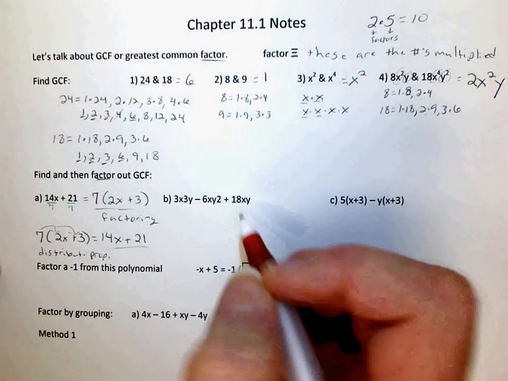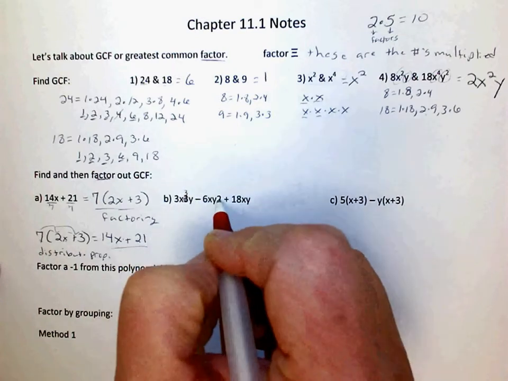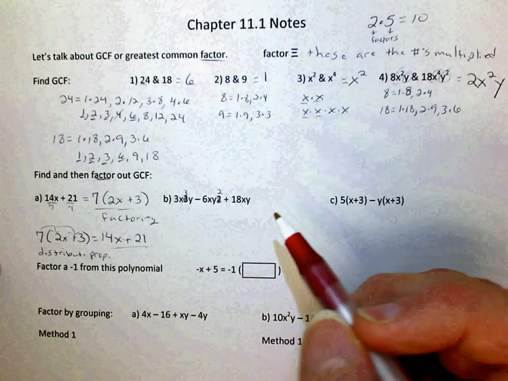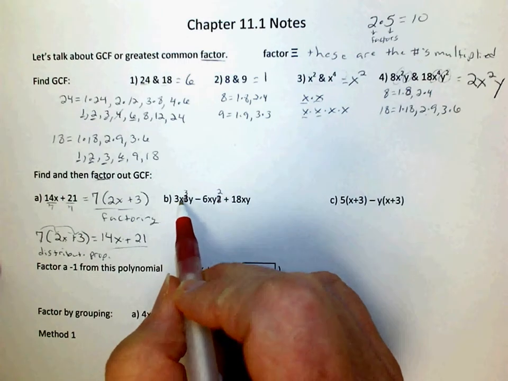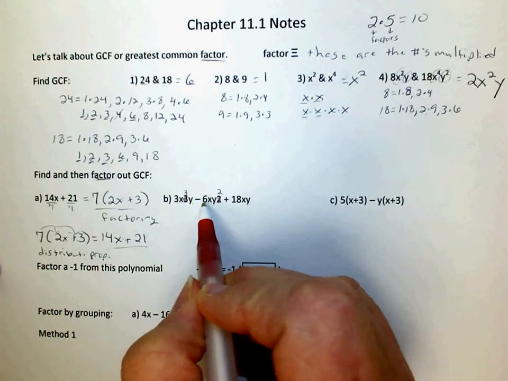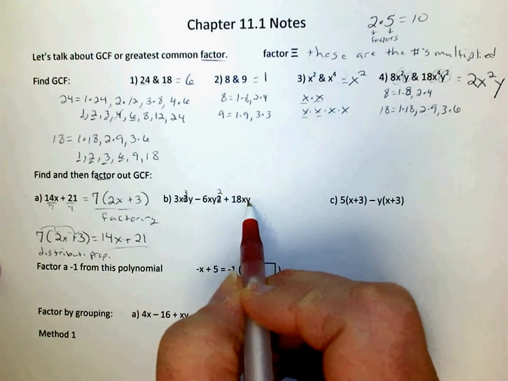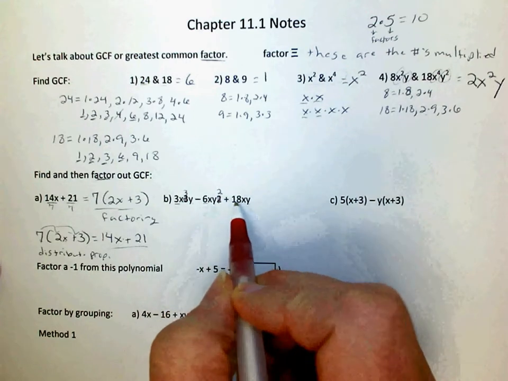Whoops, I forgot to do something. That's supposed to be an exponent, and that's supposed to be an exponent. Sometimes it's kind of hard to catch all of those when you're typing it up. So with 3x cubed y minus 6xy squared plus 18xy, what is my GCF of 3, 6, and 18?